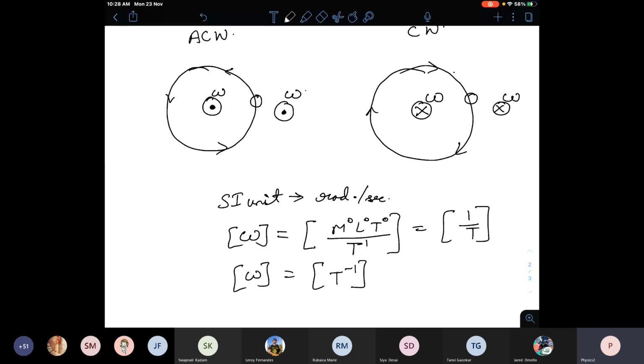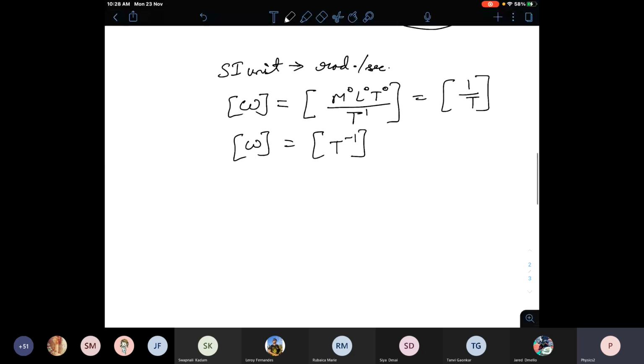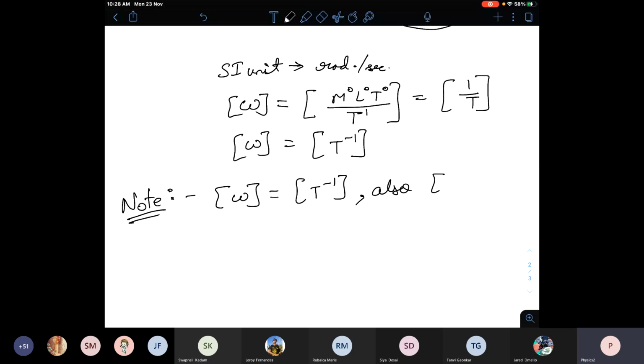So you can write a note over here that the dimension of omega is T minus 1. Also, the dimension of frequency f is T minus 1.